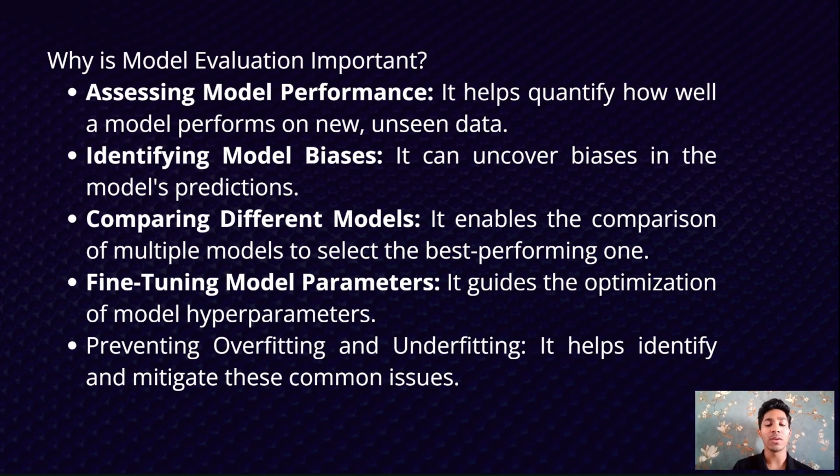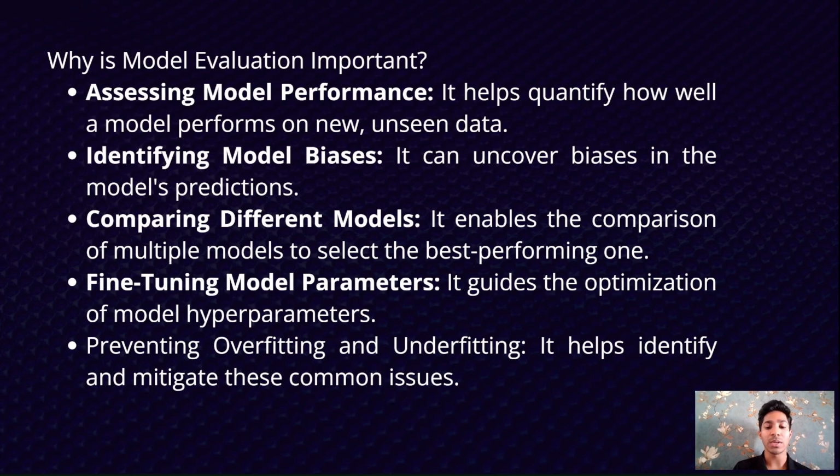Then, why is model evaluation important? It is important because of the following reasons. First, assessing model performance. It helps us quantify how well a model performs on unseen data. Then we have identifying model bias. We can uncover biases in the model's predictions. Third, comparing different models.